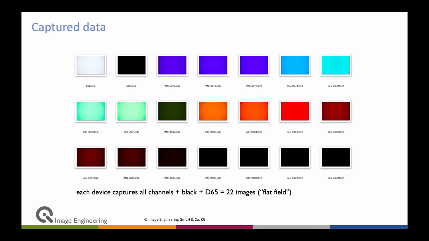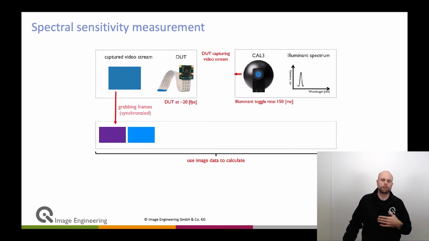You can obtain these images in some seconds, and synchronize everything with the IQ-LED devices, so that you can capture these 22 images in some seconds and then perform the analysis. In less than 10 to 15 seconds, you have a spectral sensitivity per device. So how does that look?